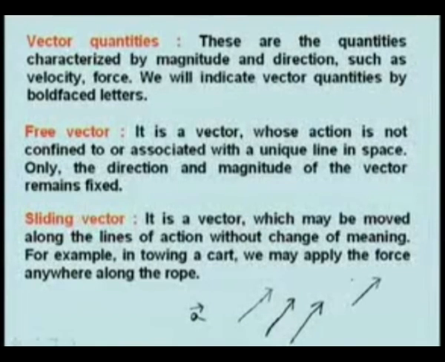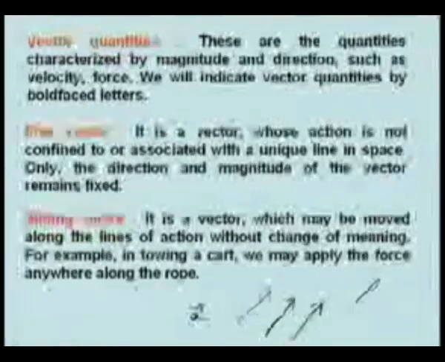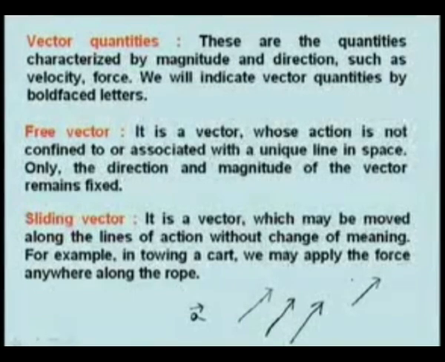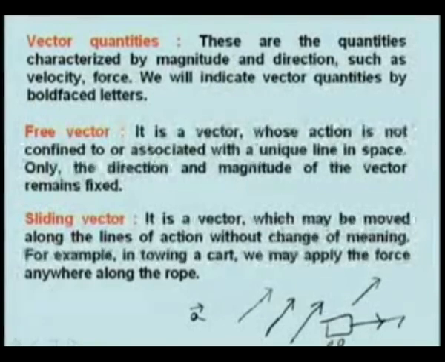A sliding vector is a vector which may be moved along its line of action without change of meaning. For example, if we are towing a cart by a rope, whether we apply a force at this point or at this point, it usually has the same effect.